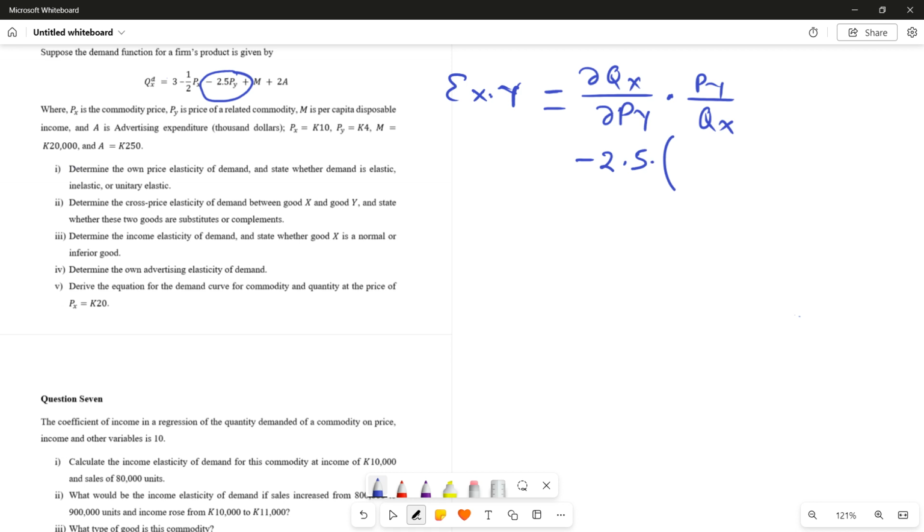Can we multiply this with the initial price of Y, which is 14, divided by, I've forgotten the value for Q. All I remember is it has 20 point something. Is it 20,488, right? I think so.